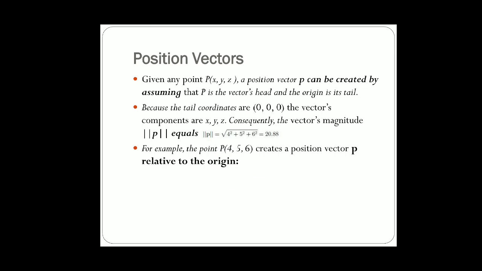The position vector of a point P is given as x, y, z. A position vector P can be created by assuming that P is the vector's head and the origin is its tail. So from where it started, if we want to take the point P, we can take that point.